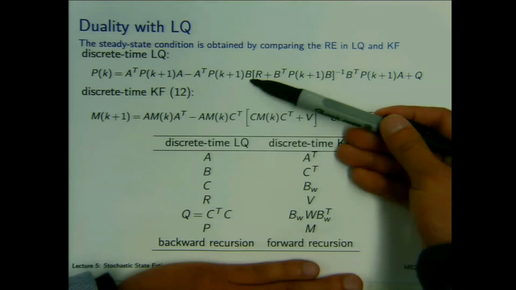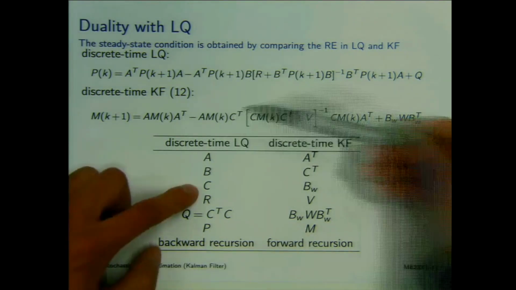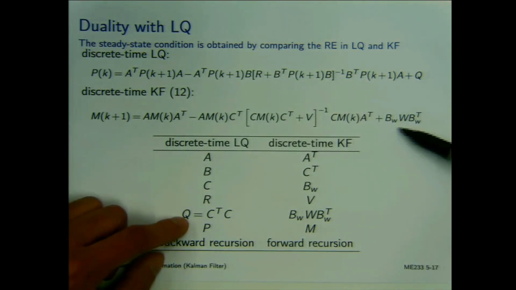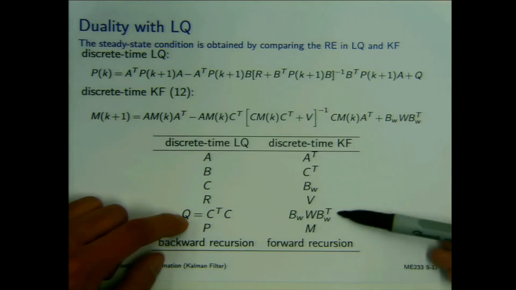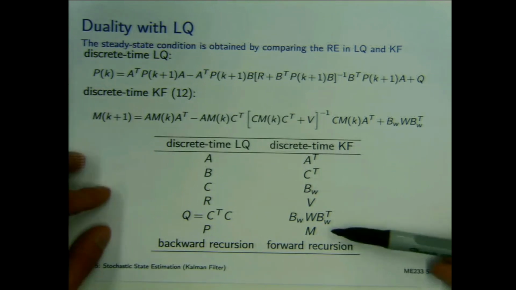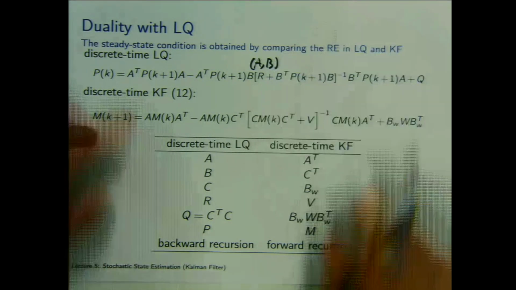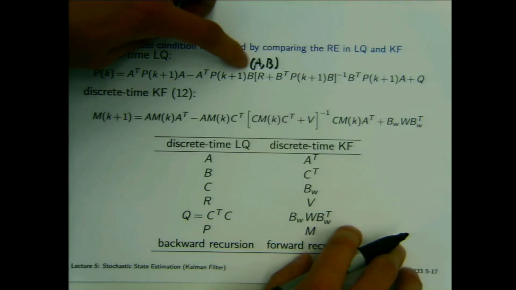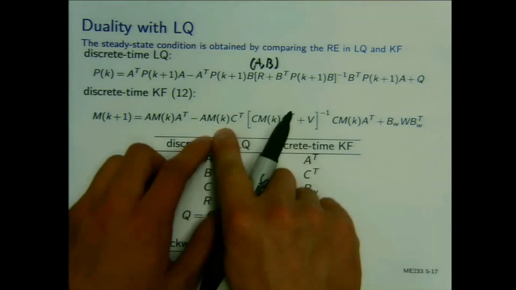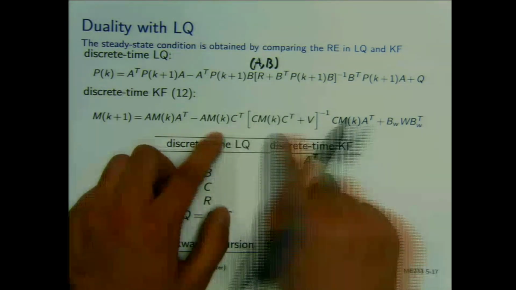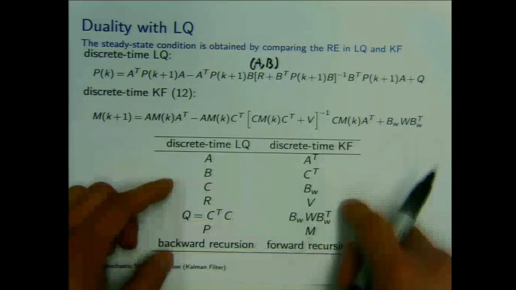Then Q is this BW transpose term, and P is M. So you have all seen that the convergence condition for the Riccati equation is that A, B is controllable. What about the convergence condition for this Riccati equation? By noticing this duality.